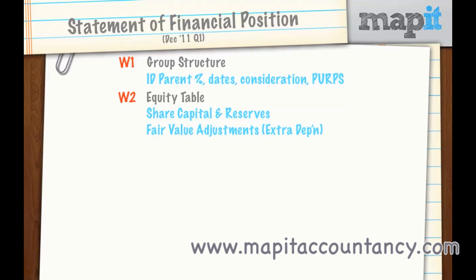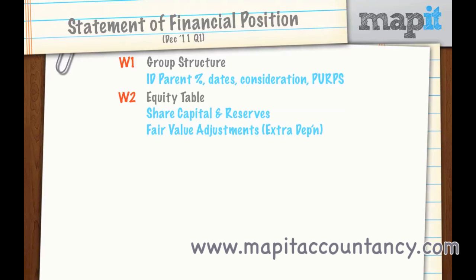So we'll adjust the value. We'll do it in our working 2, and we may also have extra depreciation on that fair value adjustment. In addition, the subsidiary may also have intangible assets that it can't capitalise in its own accounts. Well, because we bought the subsidiary, we will be able to capitalise it within our accounts for the group. So that also would be a fair value adjustment. And we may also need amortization on that intangible asset.